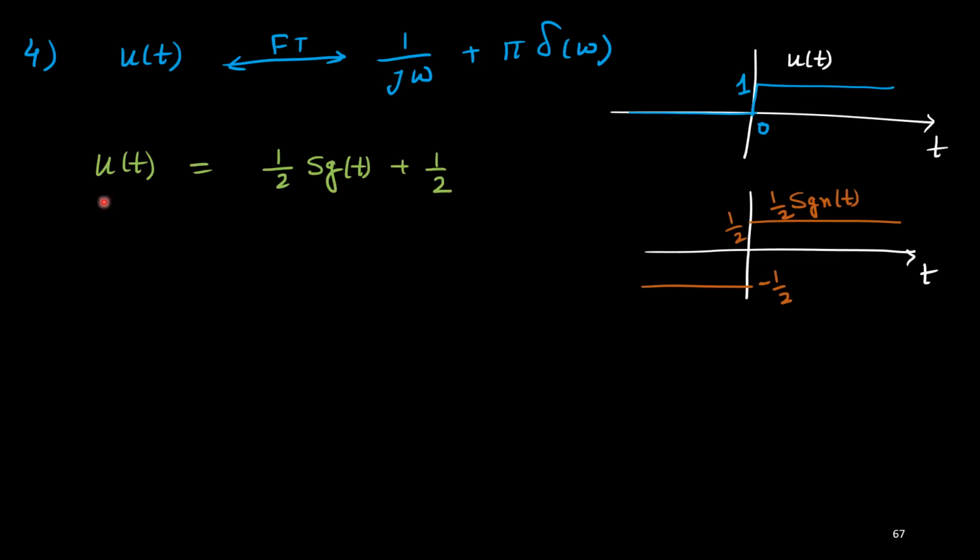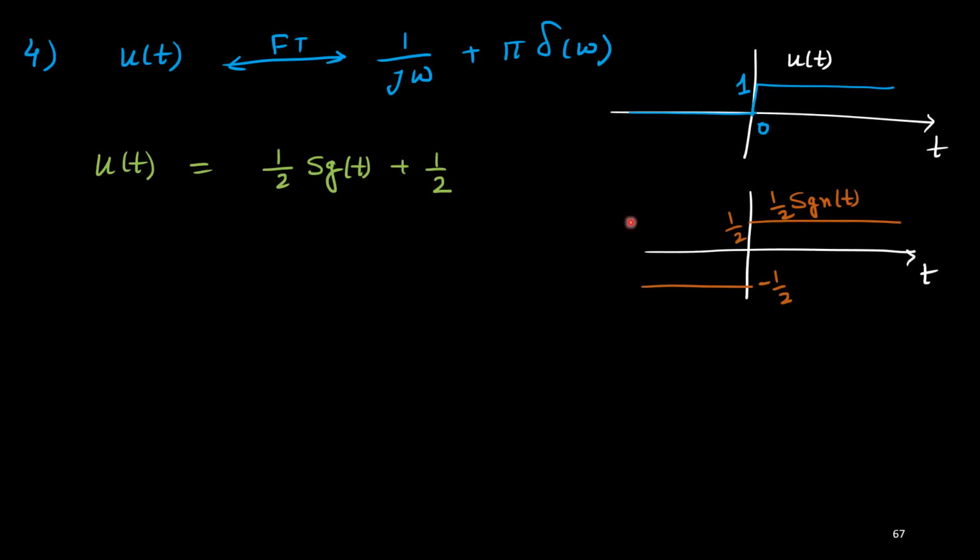Because u(t) I can write as half of signum t plus half. It should be sgn, remember, signum t plus half. So what is half of signum t? This is signum t, plus 1 and minus 1. Now half of it means the right side is half, the left side is minus half.